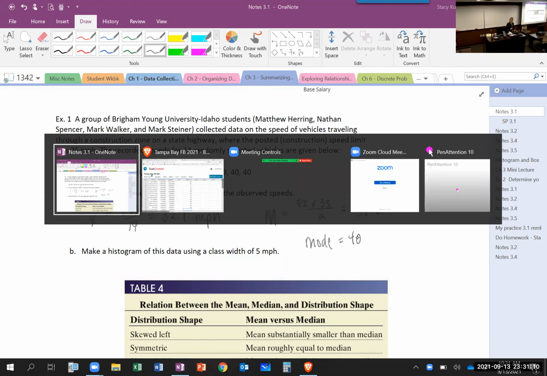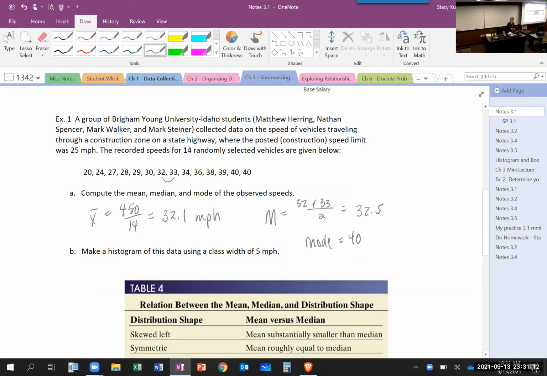Now, looking at the mean, which is 32.1, and the median, which is 32.5, can somebody tell me, before I graph it, what type of shape we would expect this histogram to have? What would I expect the distribution to look like? Why?